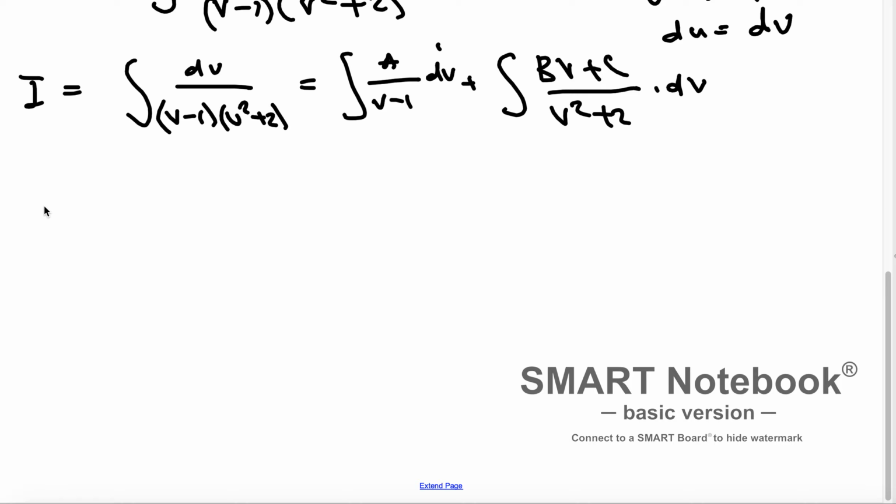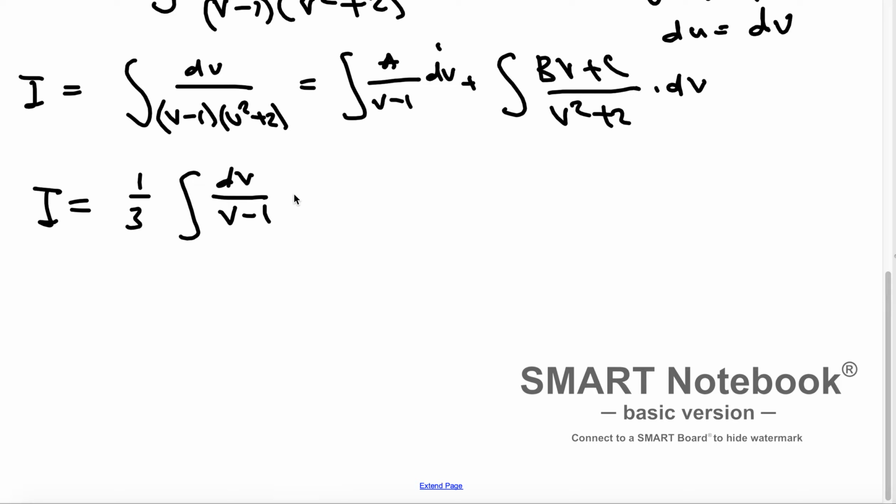But here I'm taking a shortcut, so I'm not expanding in this one. The a is going to be 1 over 3, and this one is dv over v minus 1. You can watch the previous videos to see how we can work with the partial fraction and how we can decompose.